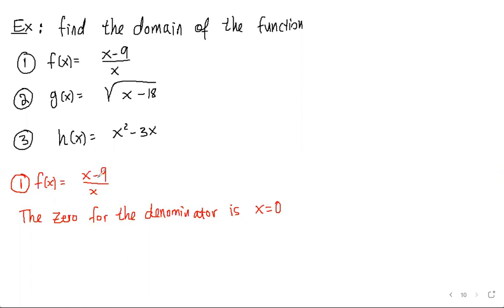Because f of 0 equals 0 minus 9 over 0, which gives me minus 9 over 0, and anything over 0 is undefined. So here the domain is all the real numbers except the 0. All real numbers except the 0. Why? Because the 0 is the 0 of the denominator. Make sense?